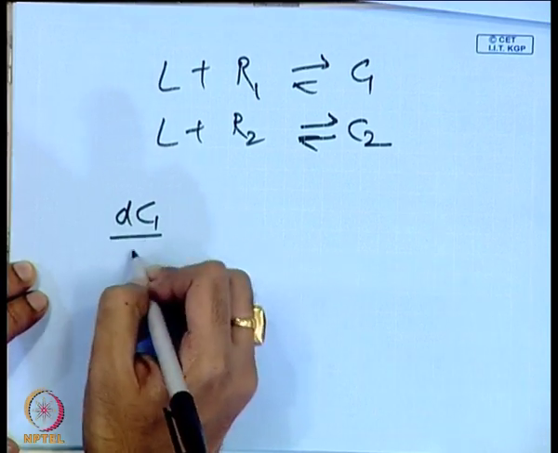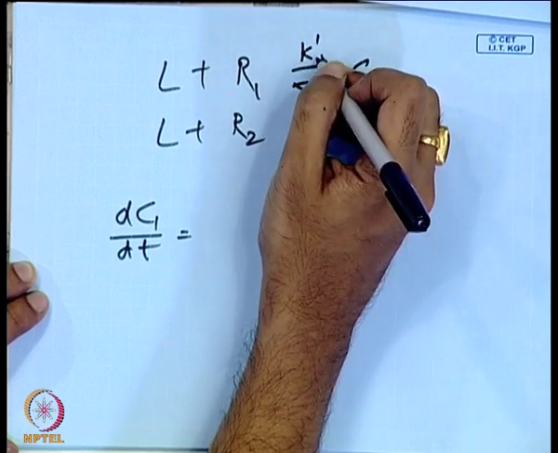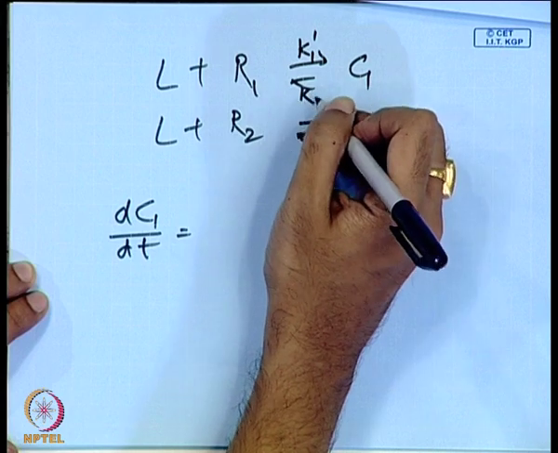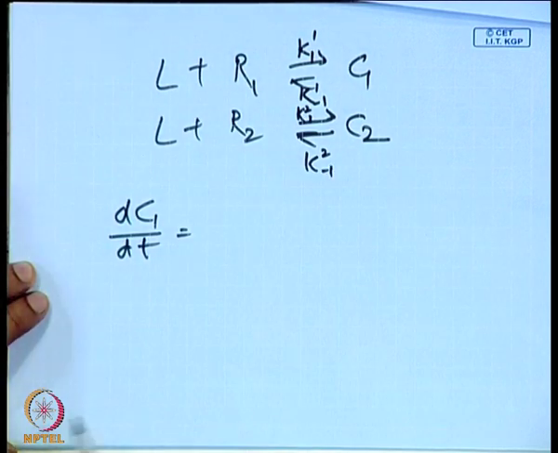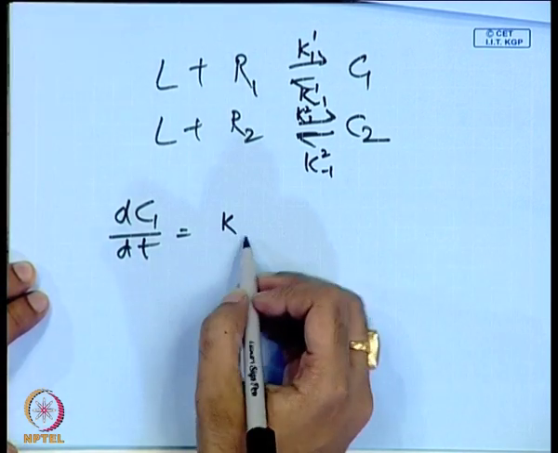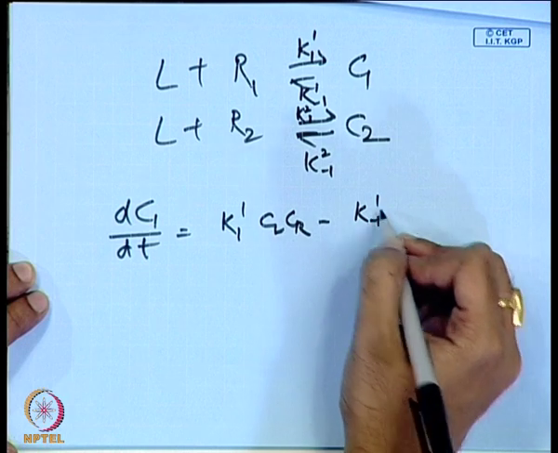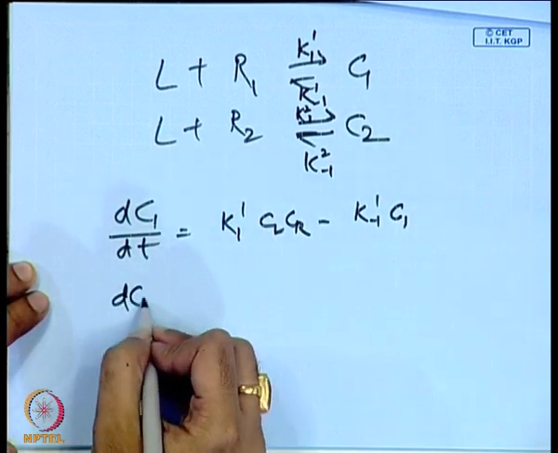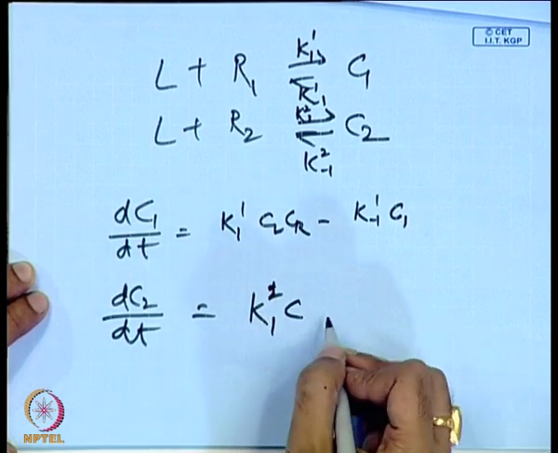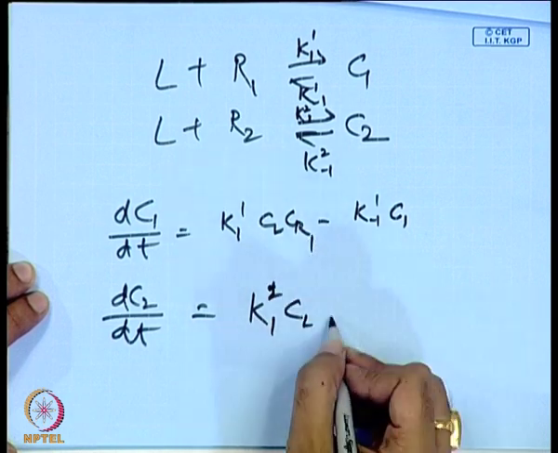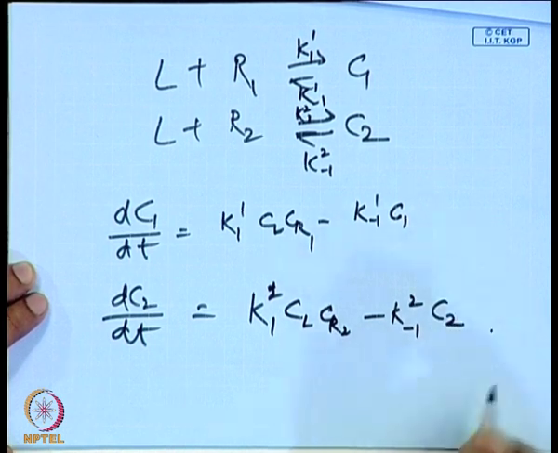So, dC1/dt would equal, with rate constants K11 and K minus 11, and K21 and K minus 21, K11 CL CR1 minus K minus 11 C1, and dC2/dt would be K21 CL CR2 minus K minus 21 C2. Okay.